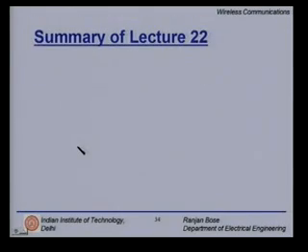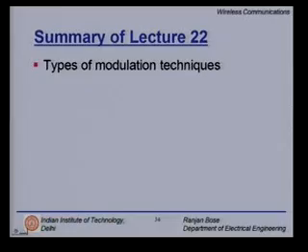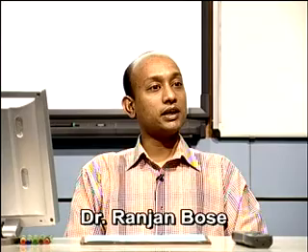So, let us now summarize what we have learnt today. We started off with different kinds of modulation techniques that can be used for wireless communication systems. We looked at the analog modulation techniques and the digital modulation techniques.